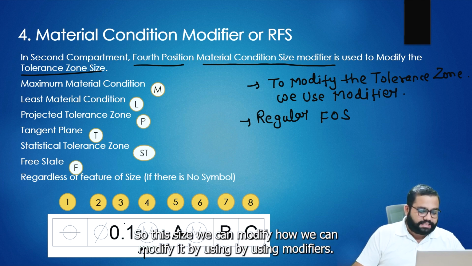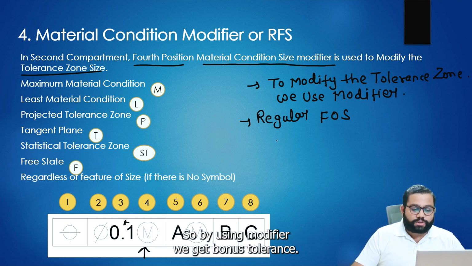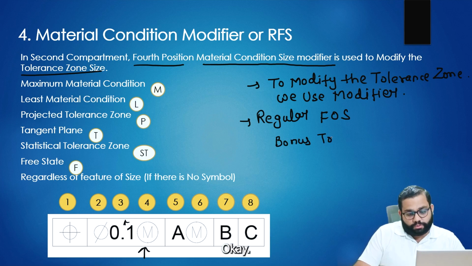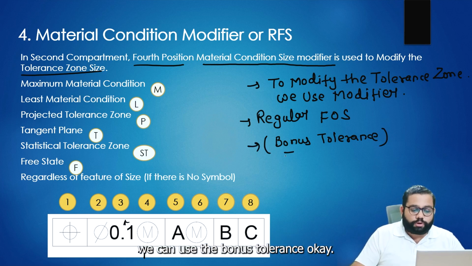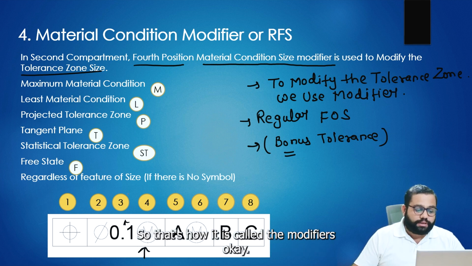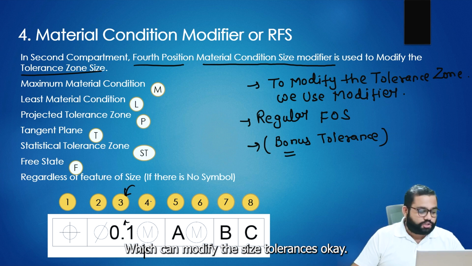How can we modify it? By using modifiers. By using modifiers we get bonus tolerance. That is why they are called modifiers, which can modify the size tolerances.